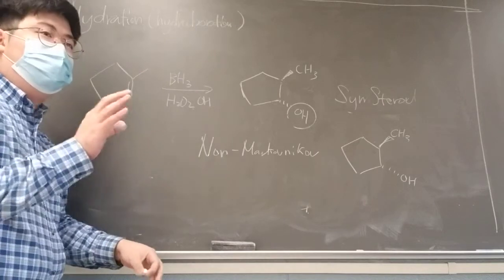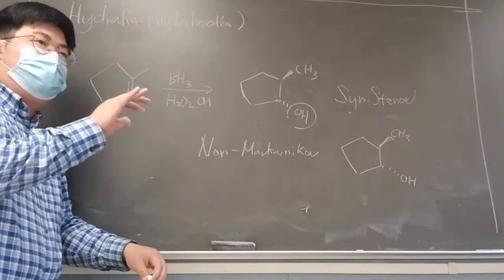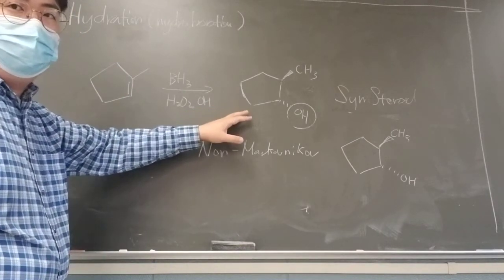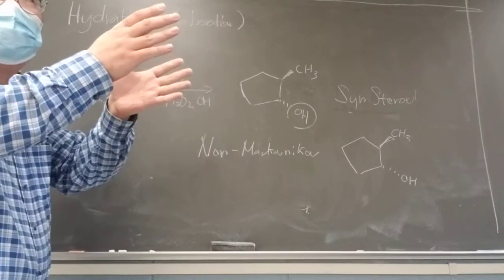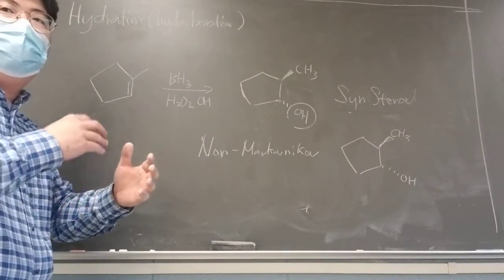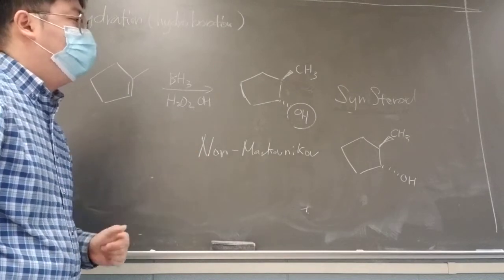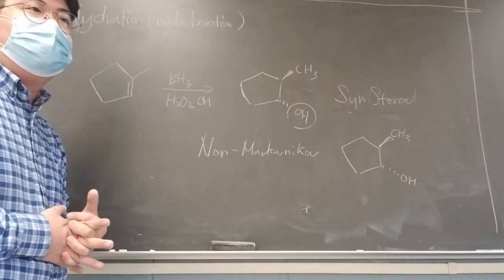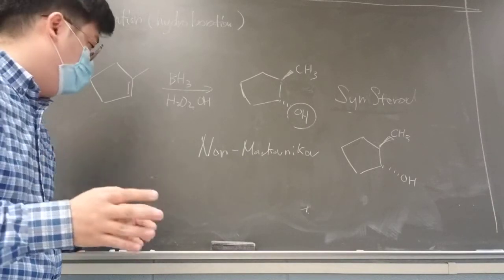So we have two similar hydration processes, but the products are different because one follows the Markovnikov rule and this one does not, because of the way they form. I can't explain the mechanism of all these reactions now, but it explains why you have such different products even though it's a similar hydration process. Kind of makes sense, right? Okay.